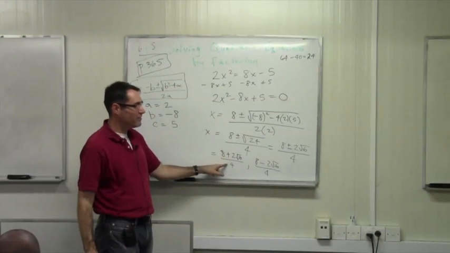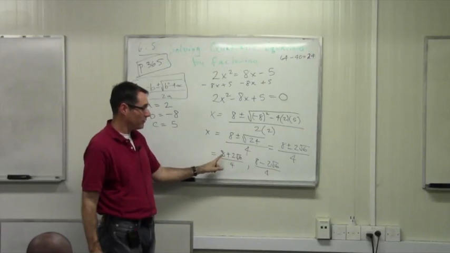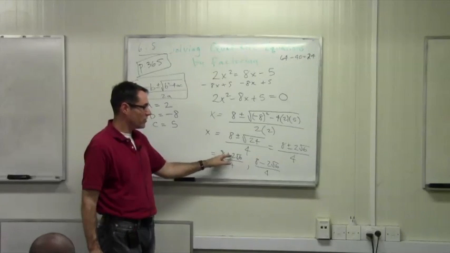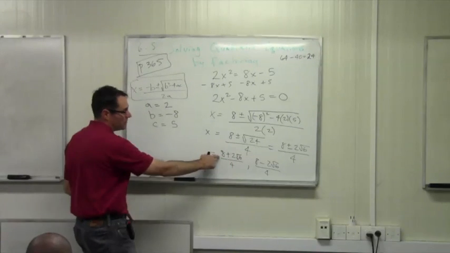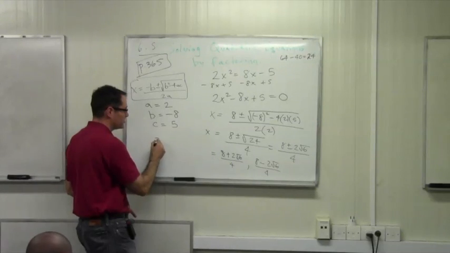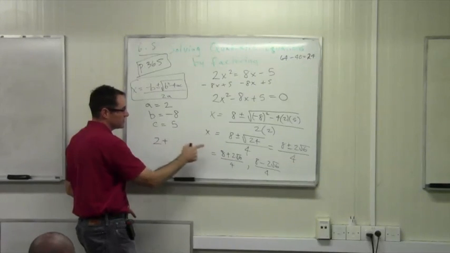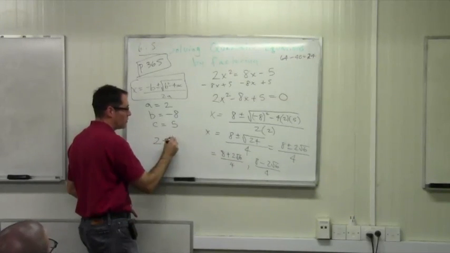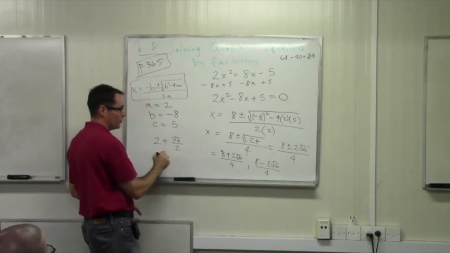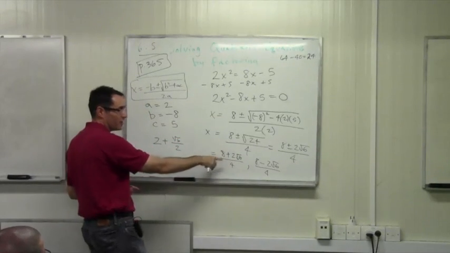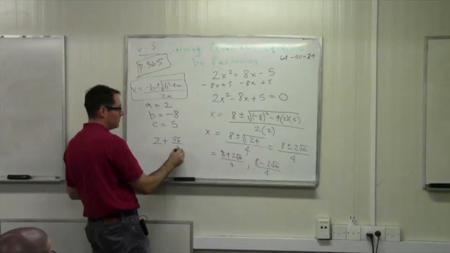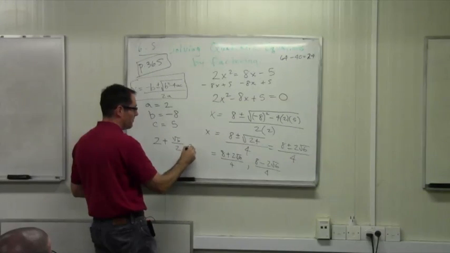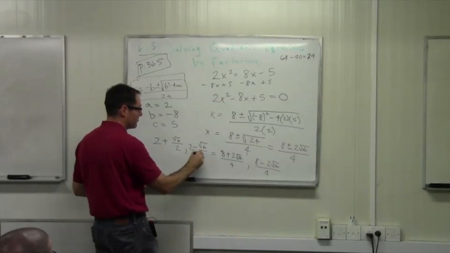Notice how 8 divided by 4 works out, and 2 divided by 4, you can simplify that. So this would really be 2 plus square root of 6 over 2, because 2 divided by 4, the 2 ends up in the bottom. And the other one would be 2 minus square root of 6 over 2.